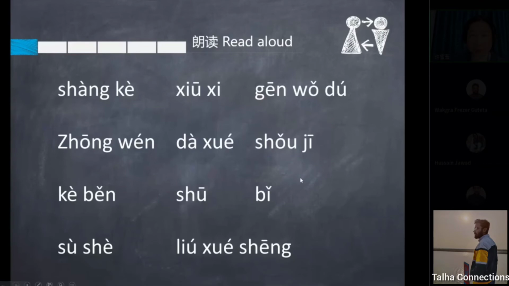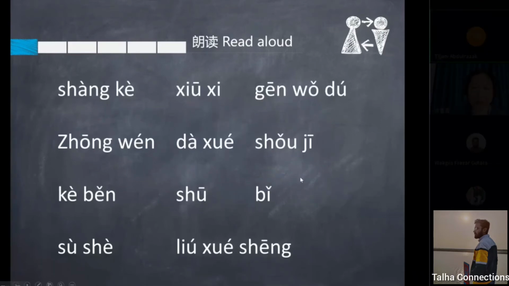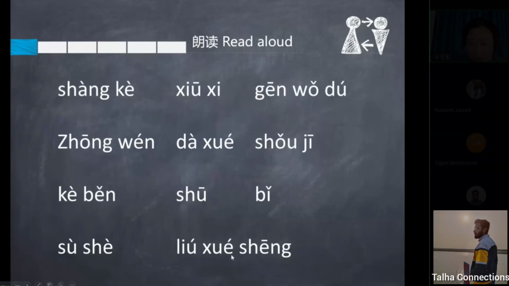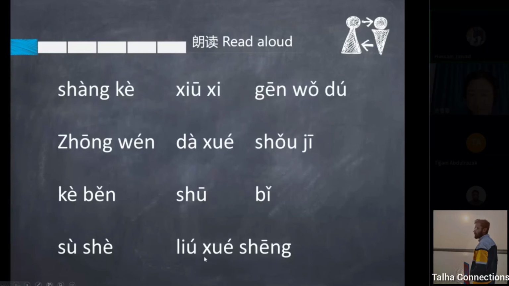Student: Ma'am, I have a question. Sometimes there is a dot on the i, and sometimes there is only the tone mark.